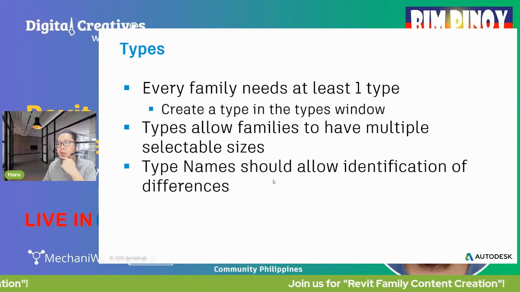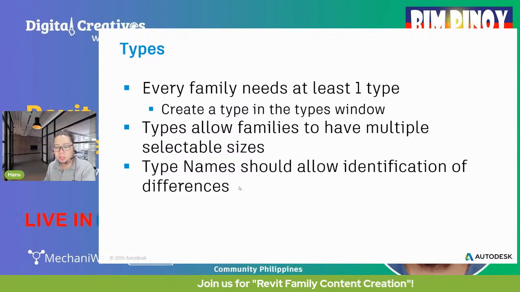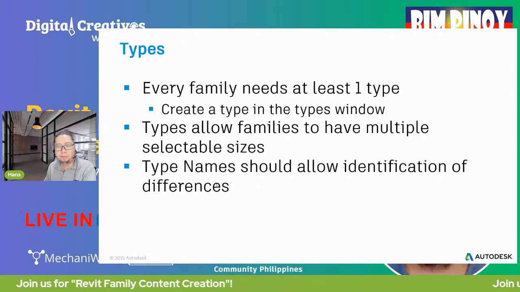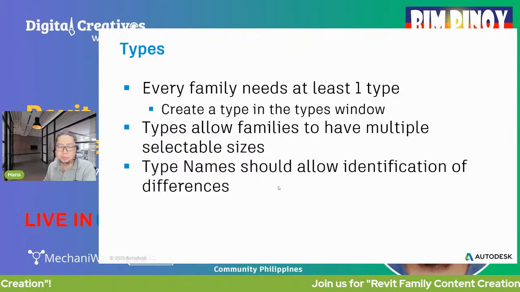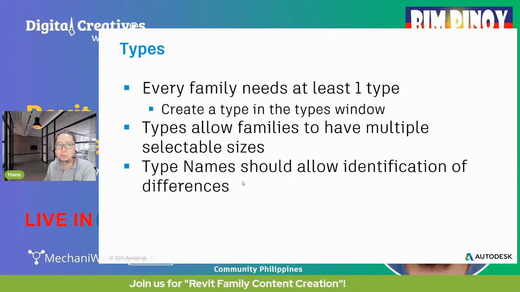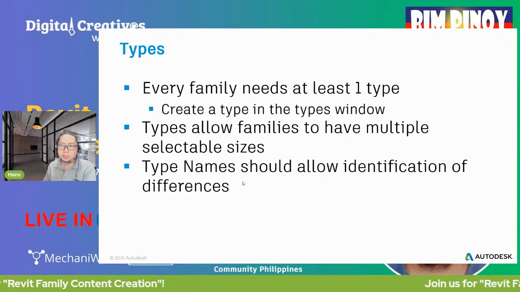Type names should allow identification of differences, so it will not be confusing. If you're looking for a 1 by 1 table and a 2 by 2 table, make the type names match the type parameters as much as possible, so it will not be confusing.